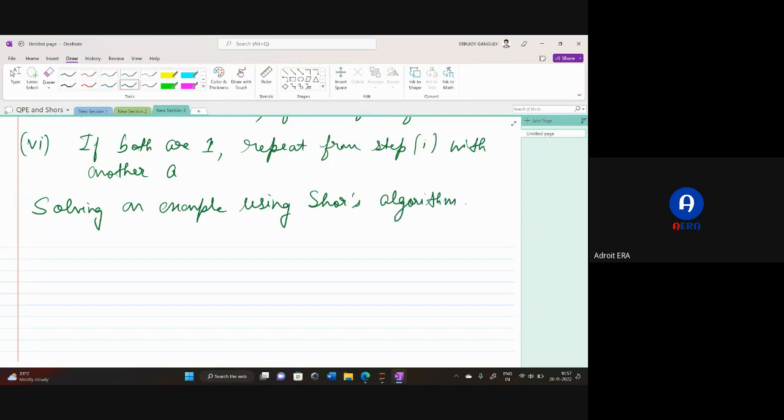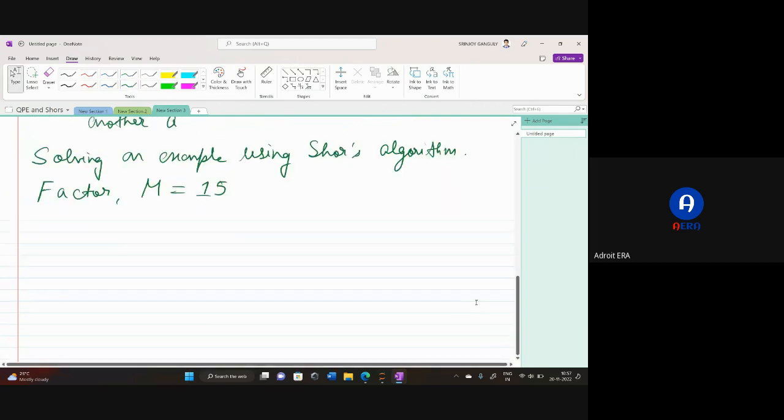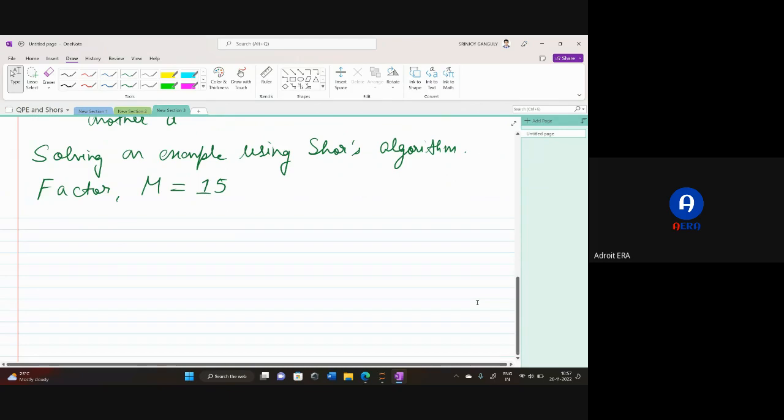Okay, and we are going to factor m, where m is equal to 15. As I told you, you can take an example. So let us take m is equal to 15. This should be simple, and we are even going to implement the circuit for this. Okay, so now let us go step by step.